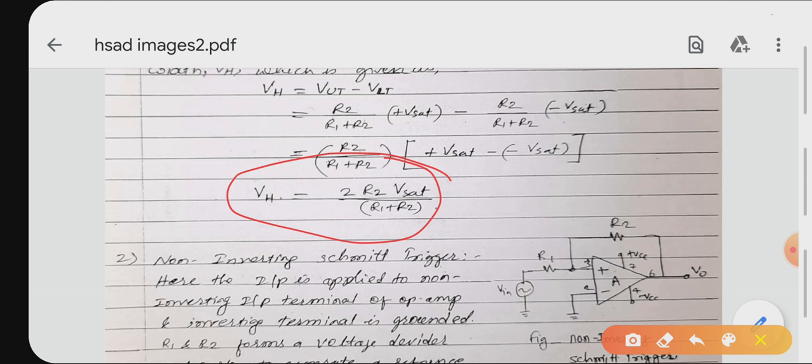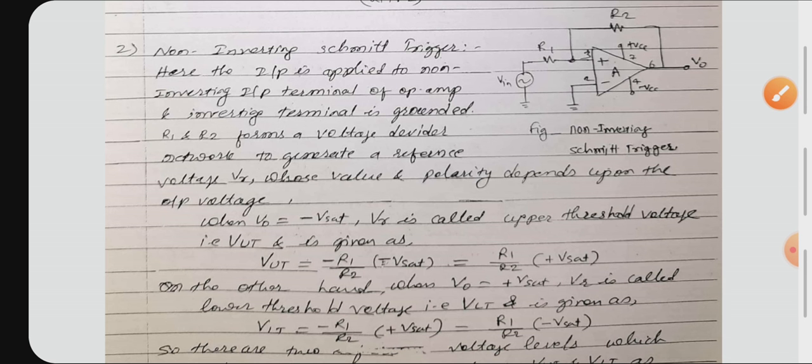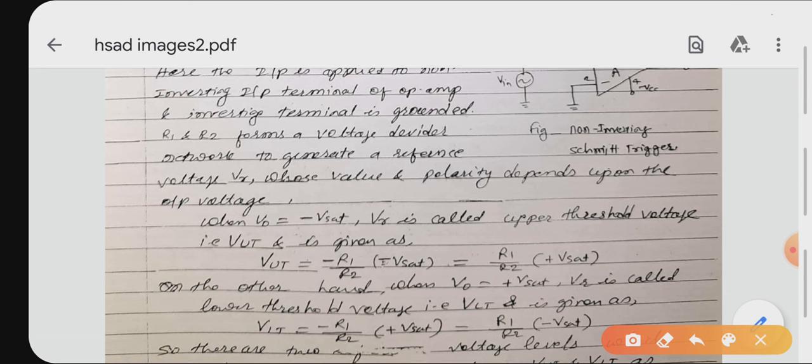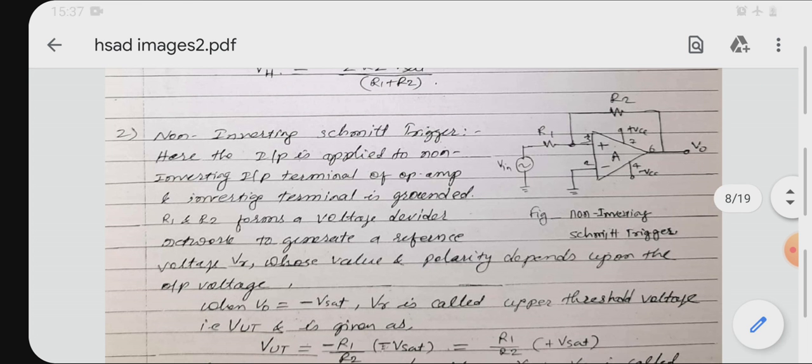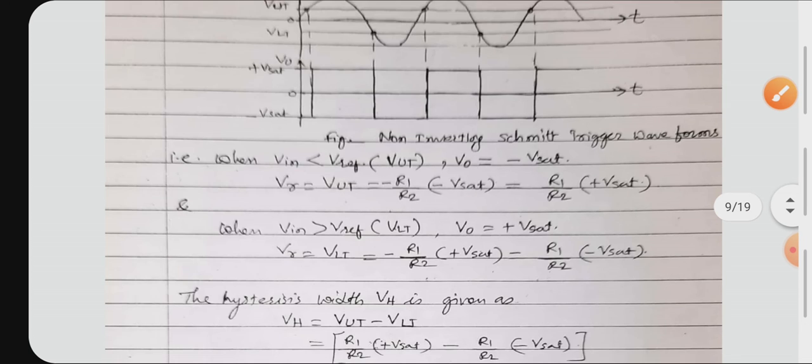Again, in the non-inverting Schmitt trigger, the input signal is changed. Now the input is applied to the non-inverting input terminal, the positive terminal, and the other terminal is grounded. R1 and R2 form the voltage divider here. You can analyze the circuit in the same way and see the waveform.